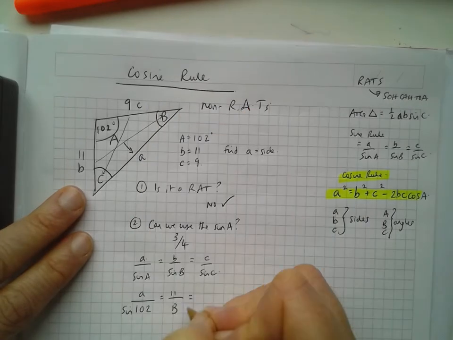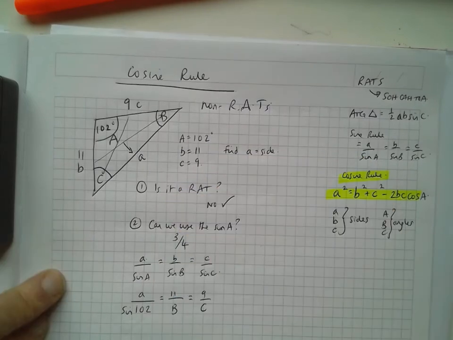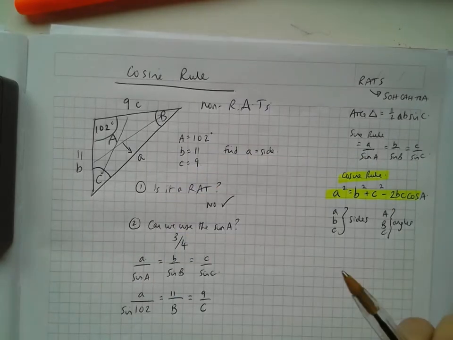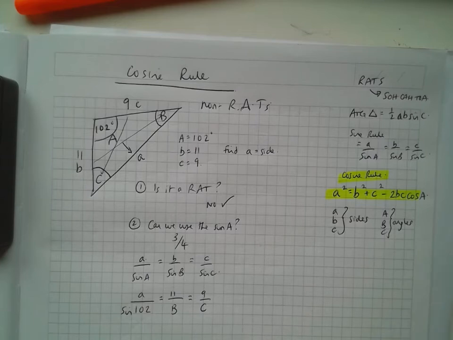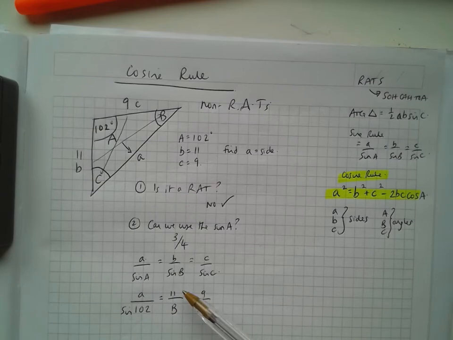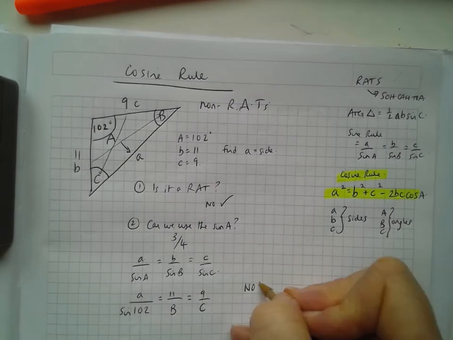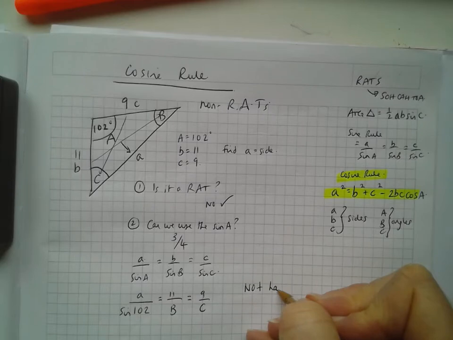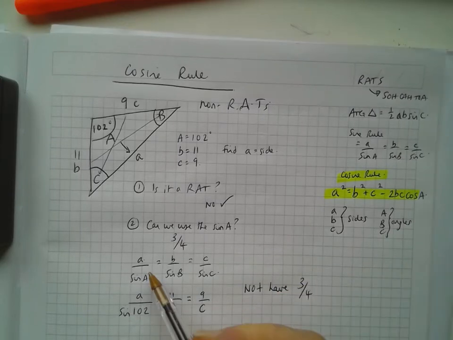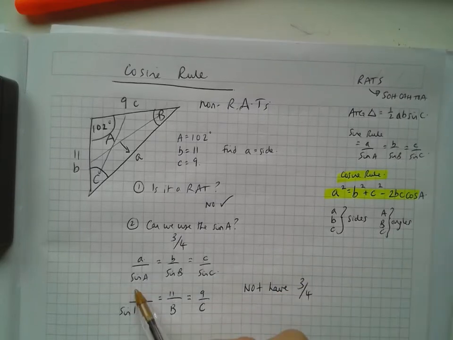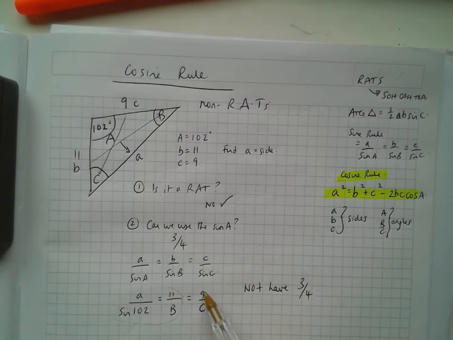You notice that across all 3 of the ratios, we only have 3 things: an angle and 2 sides. We have 2 out of 4 here, 2 out of 4 here, 3 out of 6 overall, but we do not have 3 out of 4.